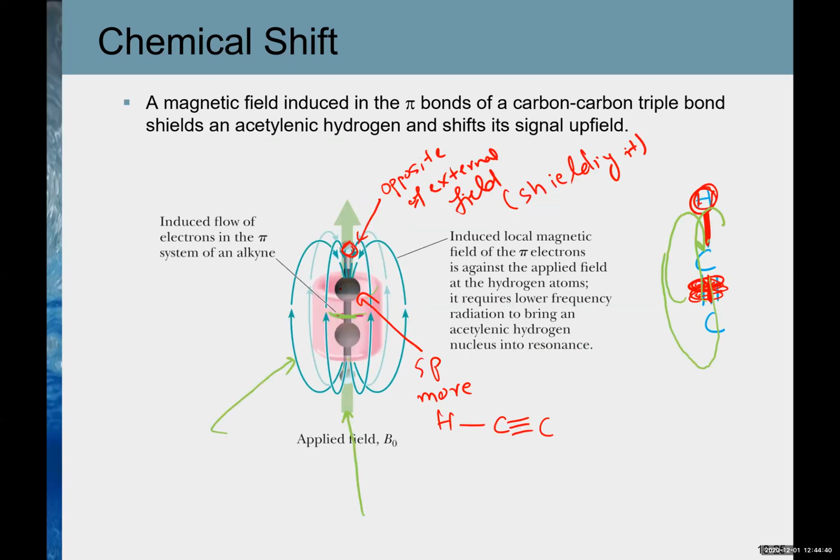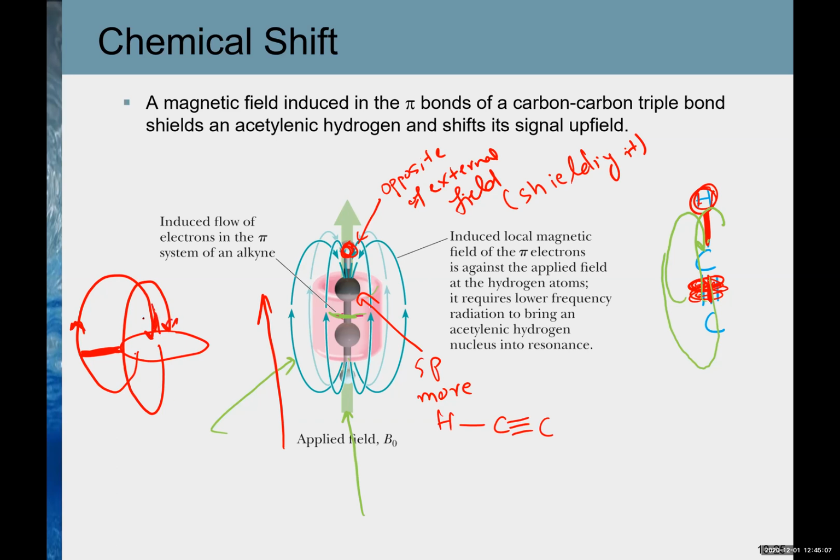In the case of a triple bond, the hydrogen is present on top of the ring current, where the magnetic field is a circulating magnetic field. So like that, it's a circle. In this way, on the outside of the circle the direction is towards the applied field, but inside it is opposite, it's downward.